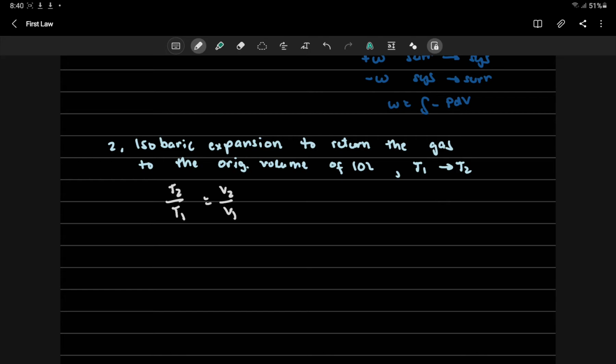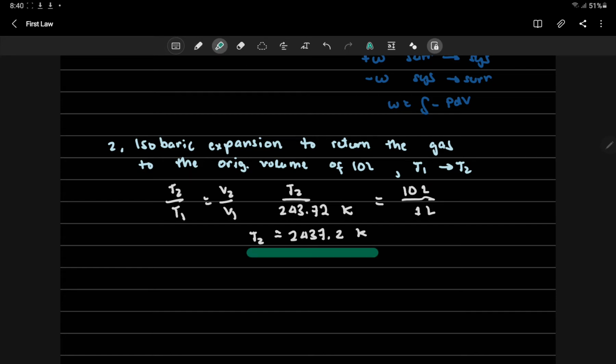But anyway, what we want to find here is T2. So, T2 over T1, and T1 we obtained a while ago, 243.72 Kelvin, equals V2, 10 liters, over V1, 1 liter. Okay? So therefore, we get T2 as 2,437.2 Kelvin.